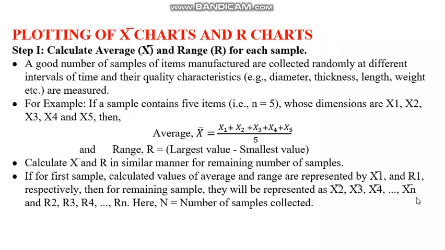If you have 10 samples, it will be X10 bar. Similarly, the ranges will be R1, R2, R3, R4, and so on to Rn. If our number of samples is 10, it will be R10. Now capital N is the number of samples.